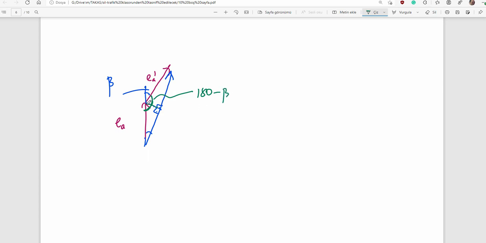Okay, and here's a perpendicular line. So the half of it, let's say 180 minus beta over 2, which is 90 minus beta over 2, this side. So as you see, here is a beta half. Okay, and then here's the hypotenuse.